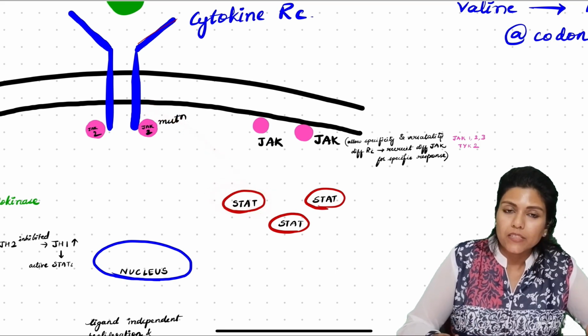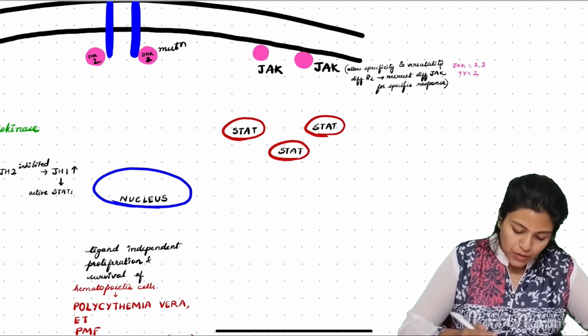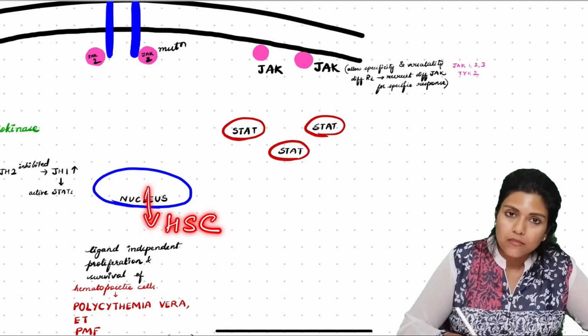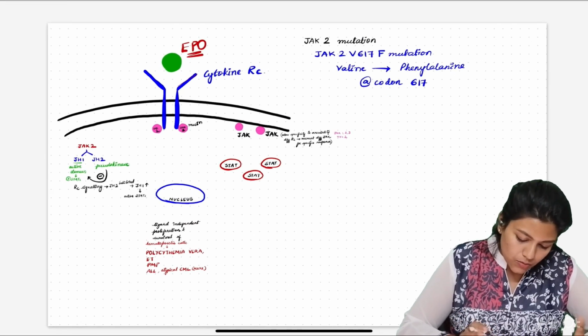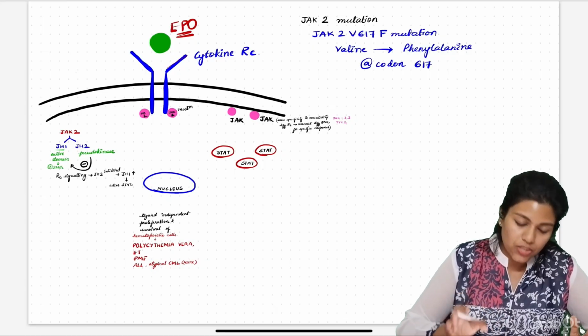STAT also gets activated. They'll move towards the nucleus and cause proliferation of hematopoietic stem cells. Since it is erythropoietin, they'll cause increased production of these hematopoietic cells. So this is the normal function of erythropoietin acting via JAK2.